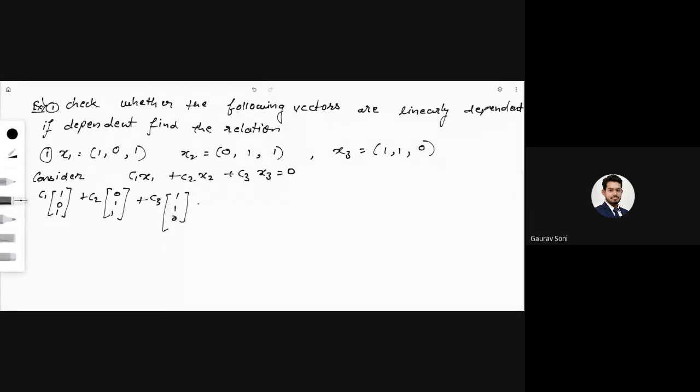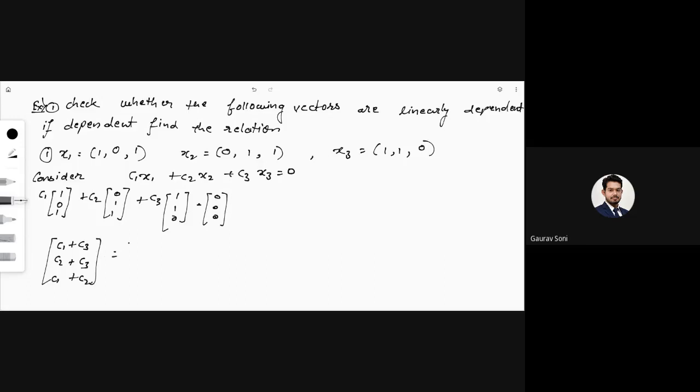On the right hand side you have the 0 vector, that is 0, 0, 0. If you multiply and add, what we will get is c1 plus c3. The second row will be c2 plus c3. The third one will be c1 plus c2.